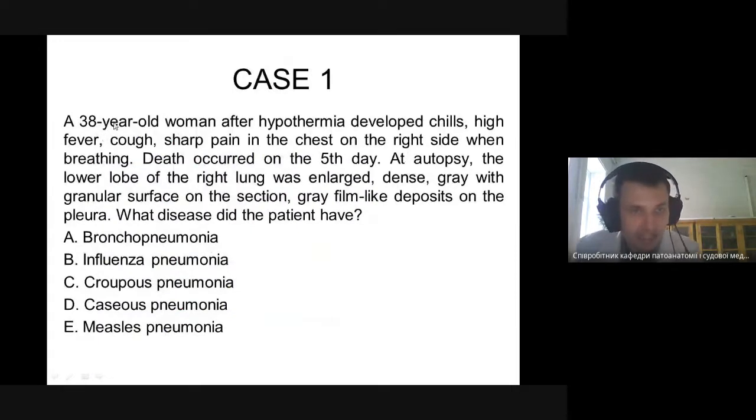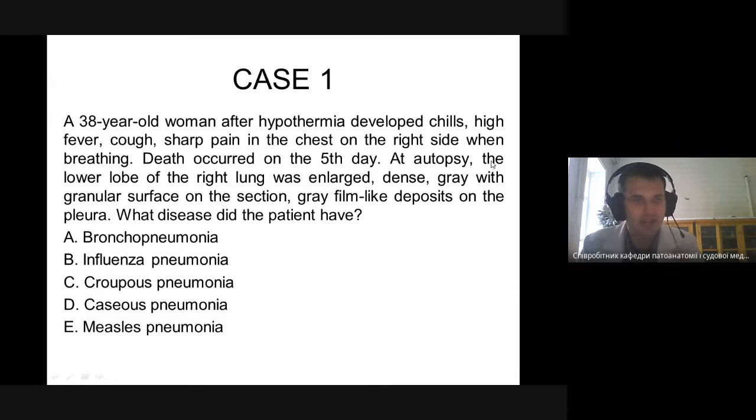Next one, infections. Cases. A 38-year-old woman after hypothermia, cold weather, developed chills, high fever, cough, and sharp pain in the chest because of pleural involvement on the right side. So you know that the process is right-sided when breathing. Death occurred on the fifth day.